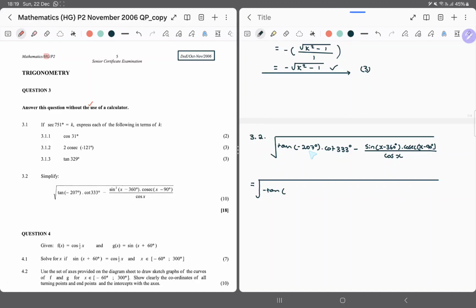Now I'm going to start working through this one. 207 is in the third quadrant, so to speak. 207 is essentially 180 plus 27 degrees.